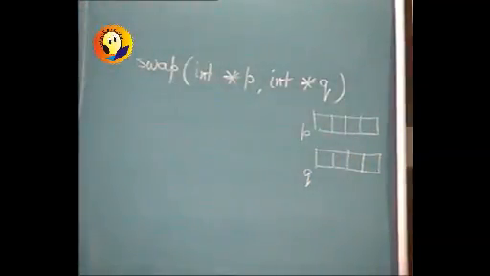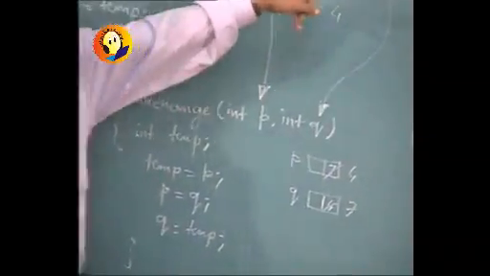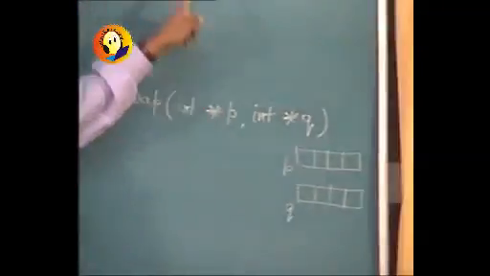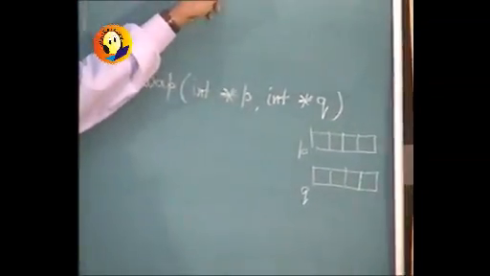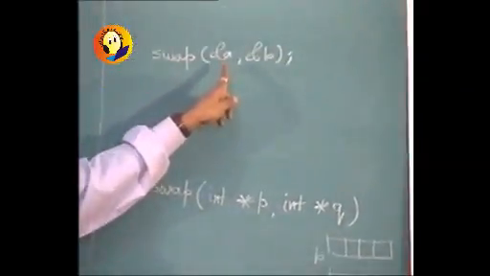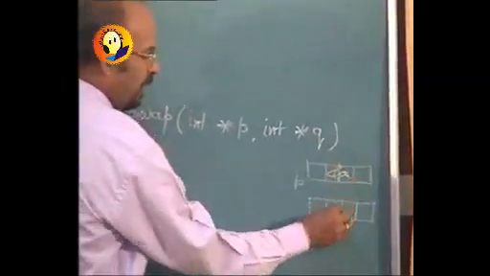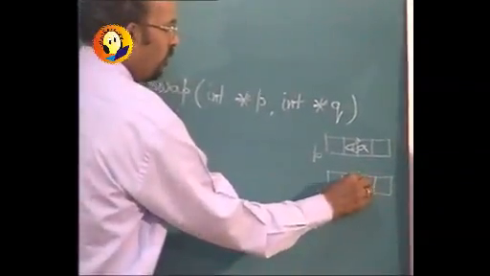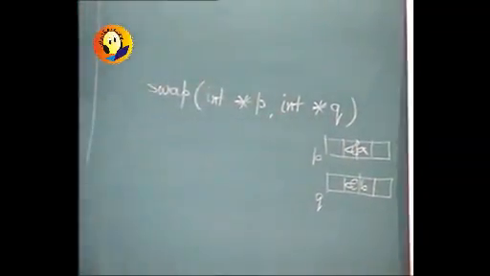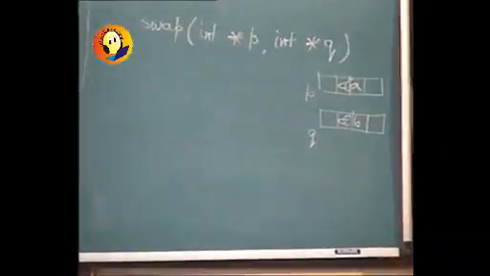But those are not of integer type, those are pointer type. What they will contain? Here also still the value is transferred, but this value is not the integer value, but it will be the address. So address is transferred, so ultimately P will contain address of A and Q will contain address of B. Address is passed as a value.